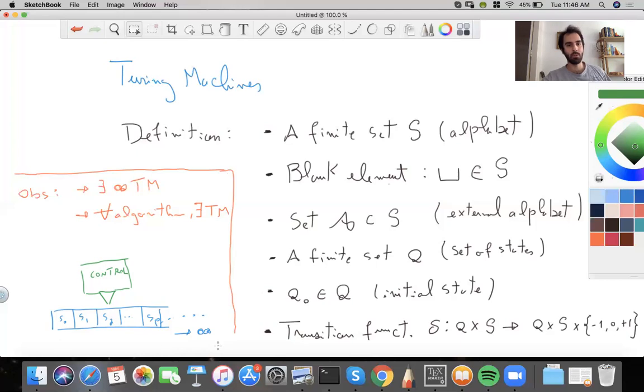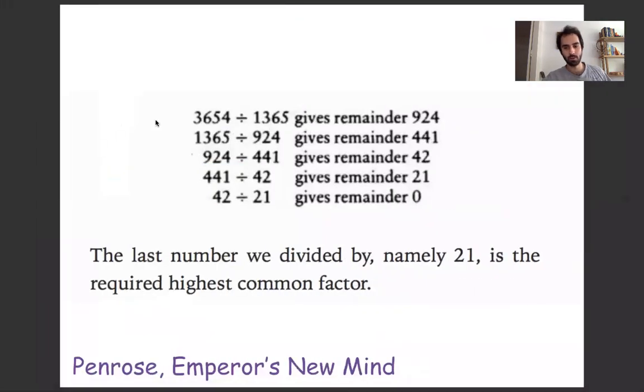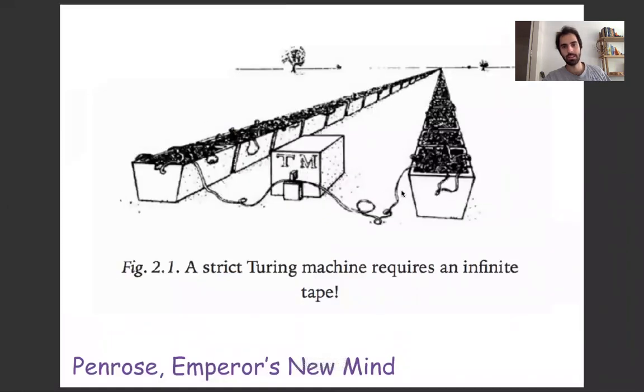We could have something more artistic, for example, like Penrose depicts in his book, Emperor's New Mind. So this is the Turing machine. There's an infinite chariot of tape here, which is the memory.